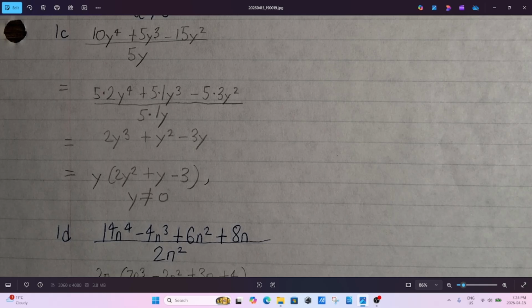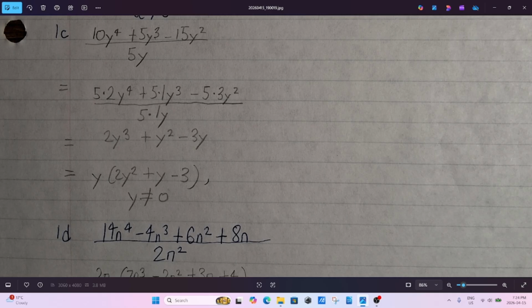1c: 10y to the 4 plus 5y cubed minus 15y squared divided by 5y. So again, we write each number as its factors. So we get 5 times 2 for 10, 5 times 1 for 5, 5 times 3 for 15, and 5 times 1 for 5.